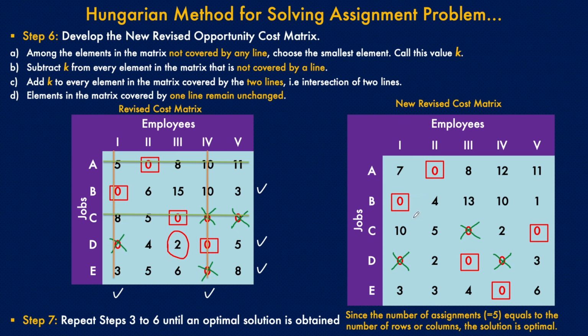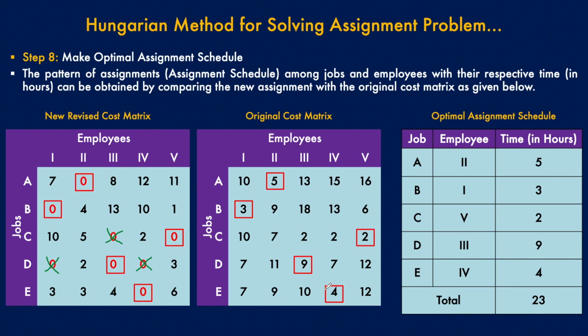We have 5 columns and 5 rows. We should get 5 assignments. Now we obtain that. Since the number of assignments equals the number of rows or columns, this solution is the optimal solution.